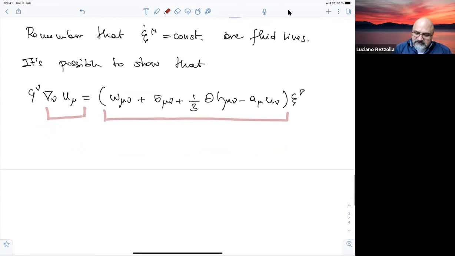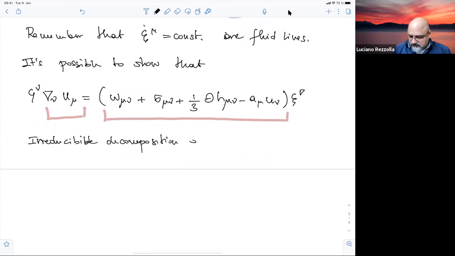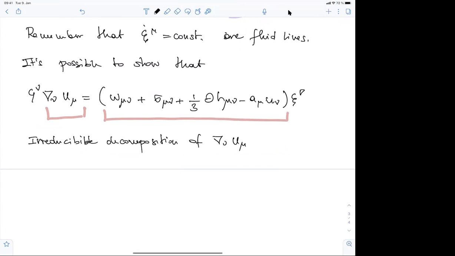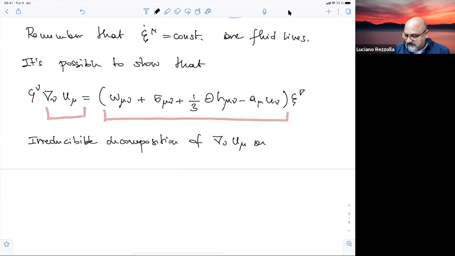This is called the irreducible decomposition of nabla_nu U^mu, and hence of the fluid lines.